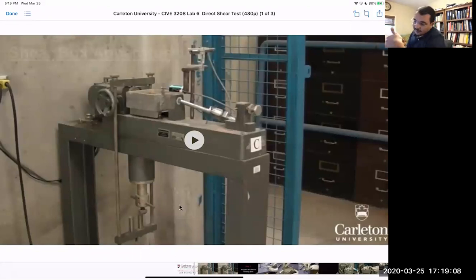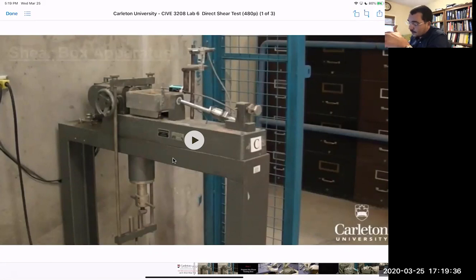So you start with like 4 kilos, then 8 kilos, then 16 kilograms on the sample, and that's just a normal stress. And then this is the mechanical equipment that will create the shearing force, and then that box will slide. You have these transducers that record the vertical displacement and horizontal displacement.